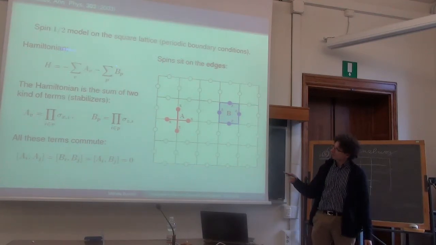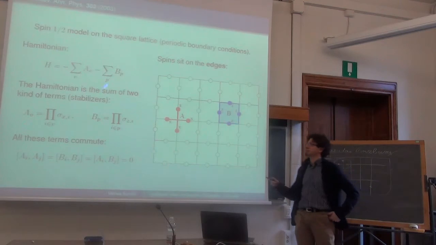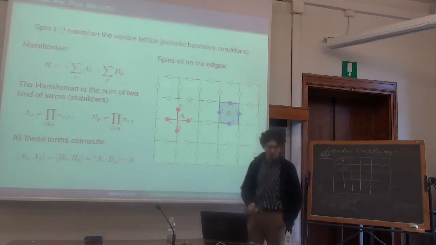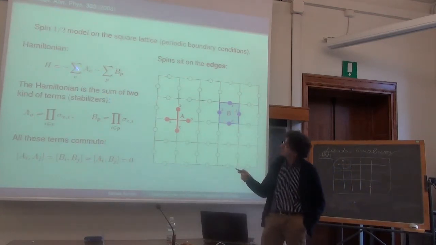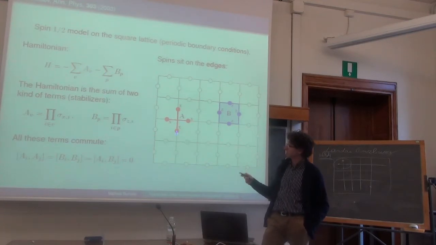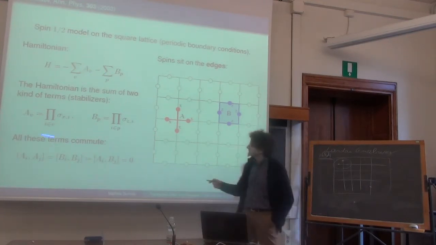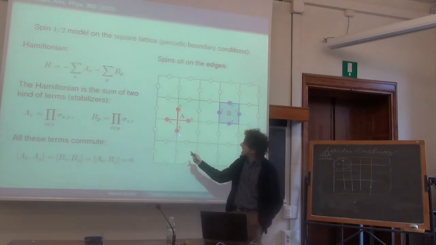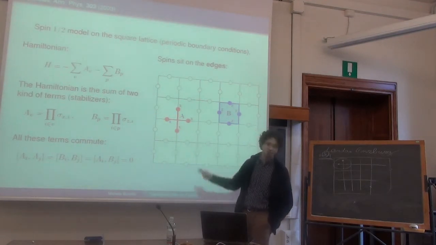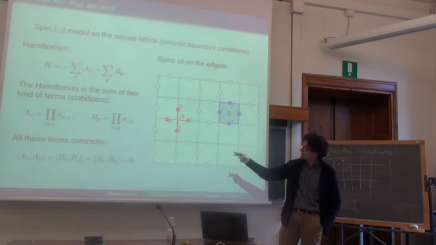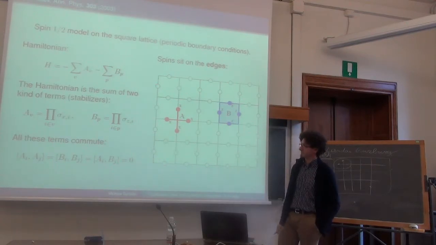And the Hamiltonian is written in terms of the sum of two sets of operators. The first set, that I define A operator or star operator, is the product of 4 sigma x Pauli matrices which surround a vertex of the square lattice.